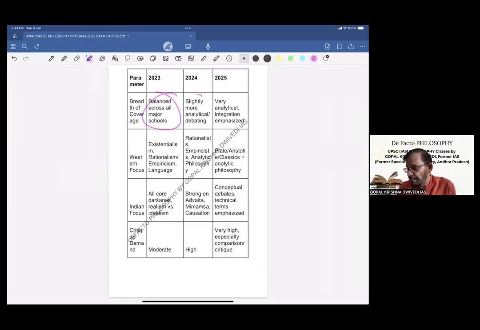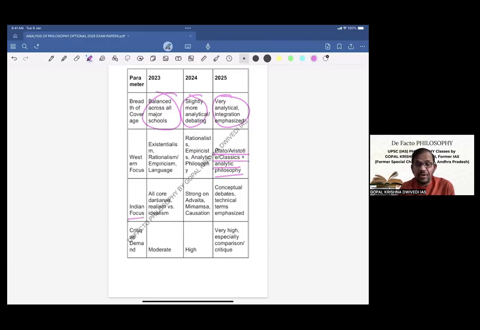And 2025 is highly analytical, with integration emphasized among various schools. Then Western focus: in 2023, existentialism, rationalism, empiricism, language, etc. In 2024, rationalism, empiricism, analytic philosophy. In 2025, Plato, Aristotle, classics, plus analytic philosophy.